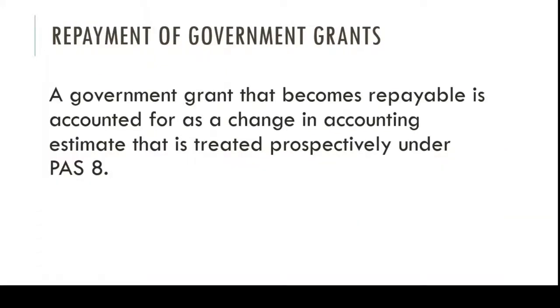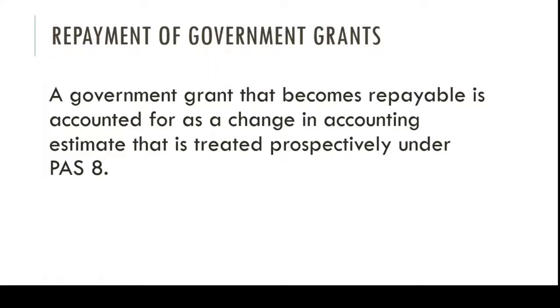And then we have repayment of government grant. A government grant that becomes repayable is accounted for as a change in accounting estimate that is treated prospectively under PAS 8. And why is it that there is a repayment of grant? Because the entity was unable to fulfill the conditions related to the grant.